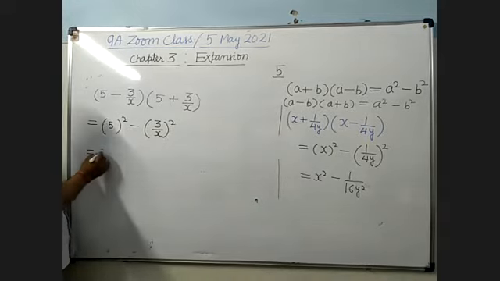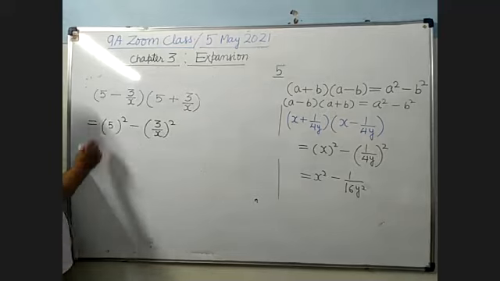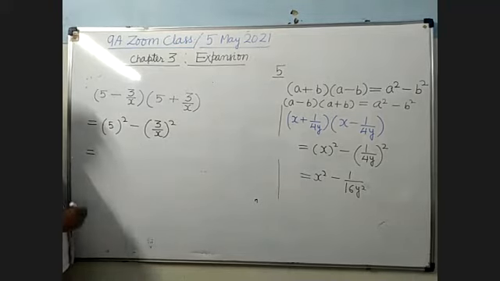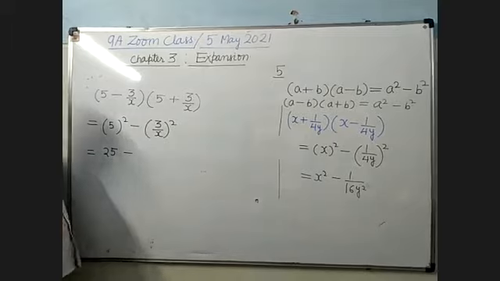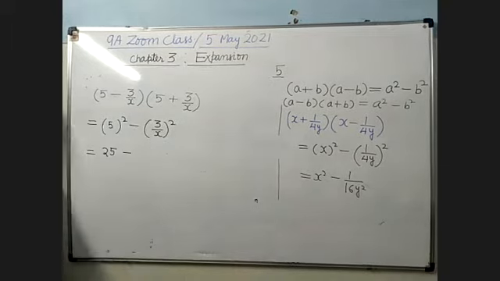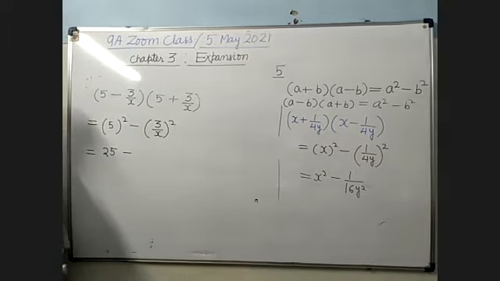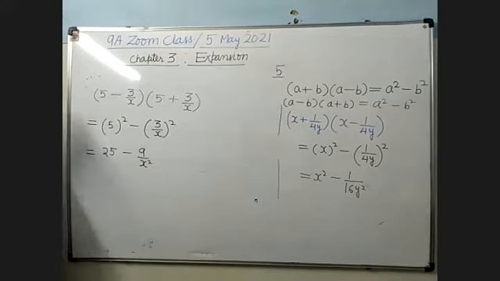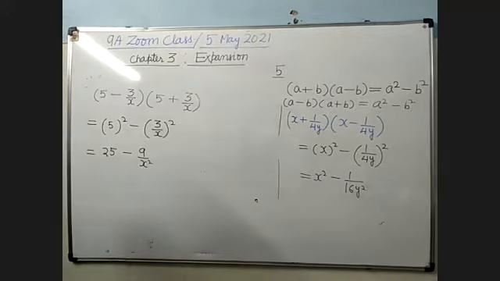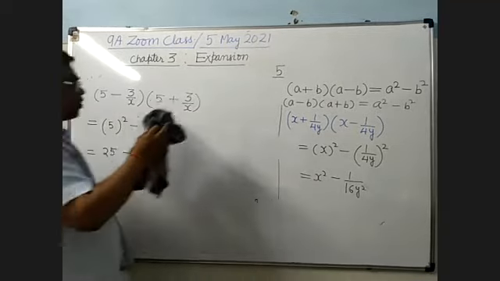So 5 square, that is 25, minus what is 3 by x whole square? 9 upon x square. It's clear? So this is one formula. So now you can see one more formula.